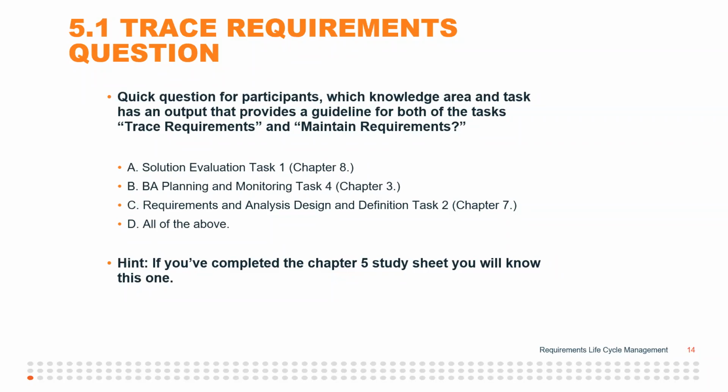A, solution evaluation task 1 in Chapter 8, or B, BA planning and monitoring task 4 in Chapter 3, or C, requirements analysis and design definition task 2, which is Chapter 7, or D, all of the above. If you've completed the Chapter 5 study sheet, you already know this, and you can just take a look at your study sheet and figure it out. If you want to put your answers in the chat window, that would be great. I'll wait a couple of minutes, and then we'll see what the answer is.